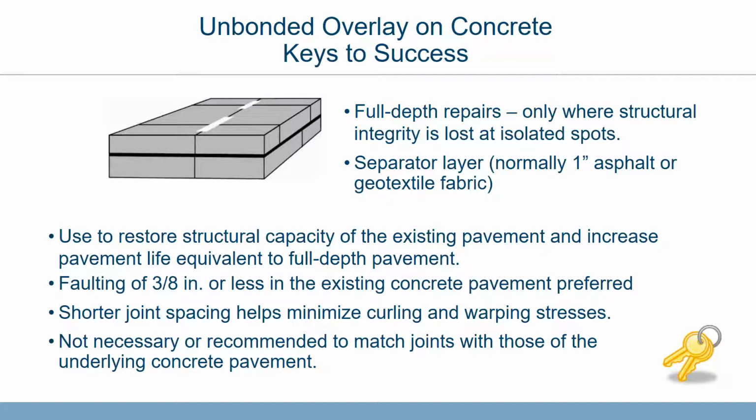If it is more than that, you might have to do some milling at those joints, or in the worst case scenario, you could also look at the possibility of doing the asphalt interlayer, which gives you a little more flexibility in that regard. It's not necessary or recommended to match joints with those of the underlying concrete pavements when we're building these unbonded designs.